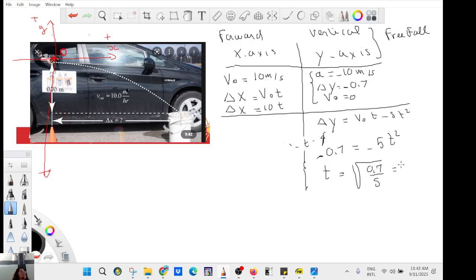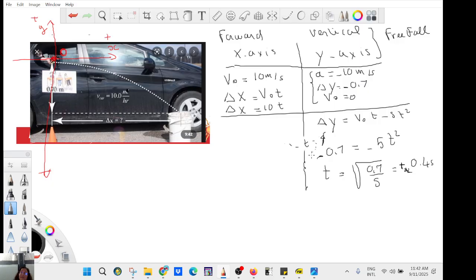So you get about 0.4 second, exactly. So we take the positive one.